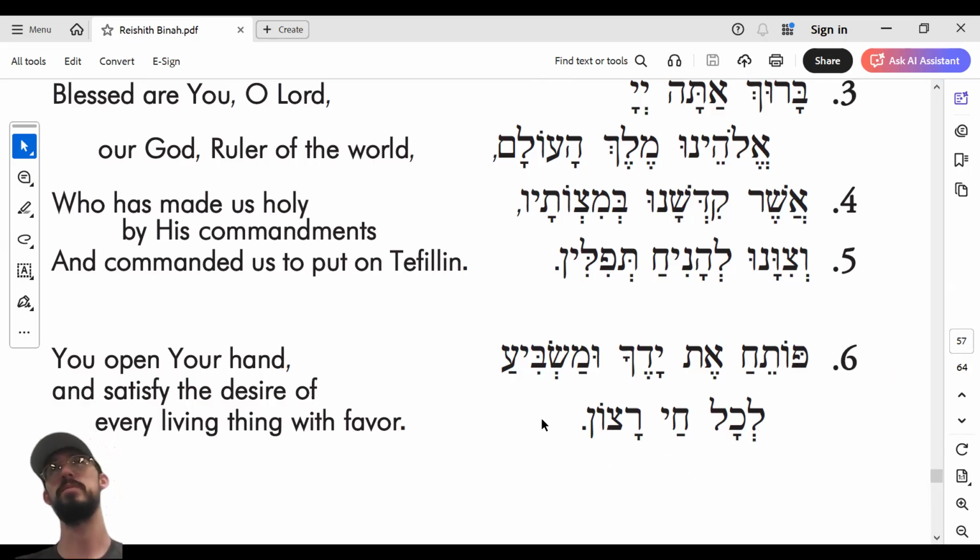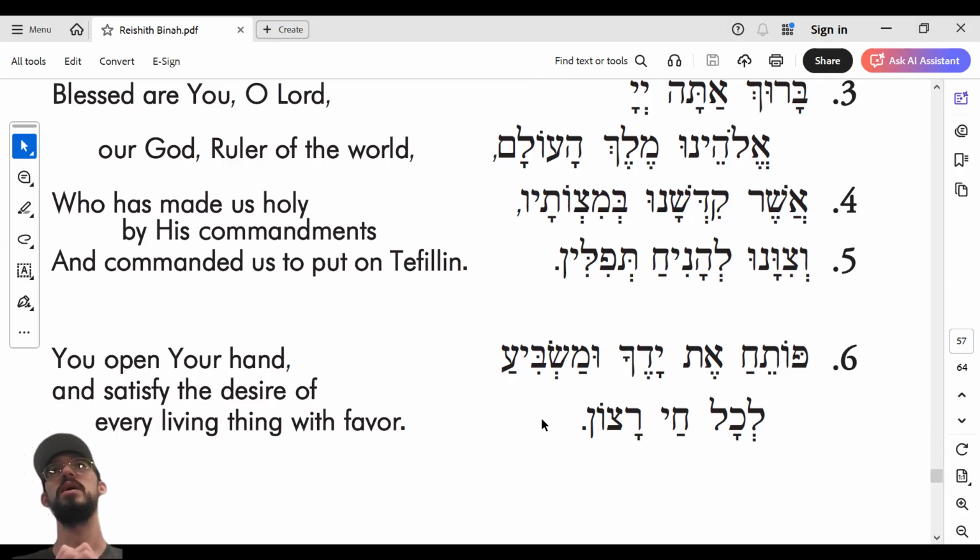I believe it's from the Psalms, if I'm not mistaken. You open your hand, poteach et yadecha, it's assumed that it's the third person masculine singular here. Umasbia is like to satisfy, particularly in modern Hebrew, when you say ani save'a, I'm satisfied, it's not that I got a present from my mom and I'm satisfied with it.